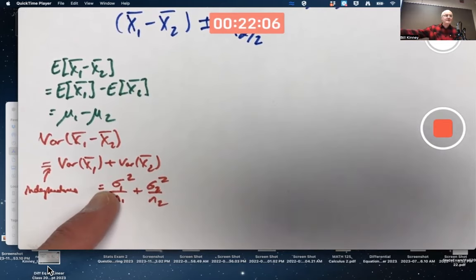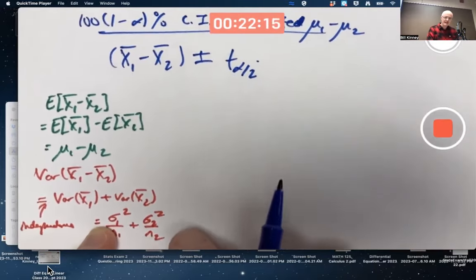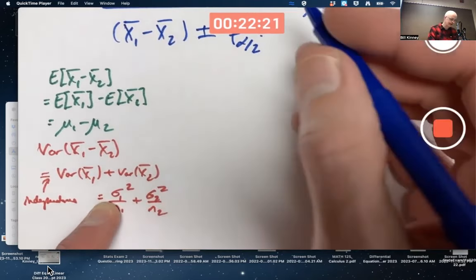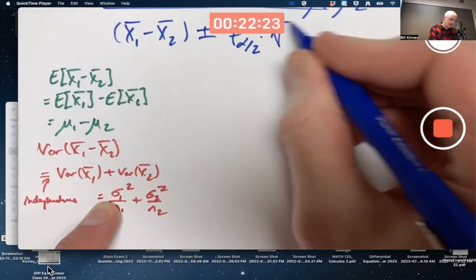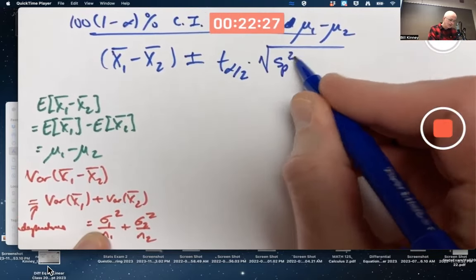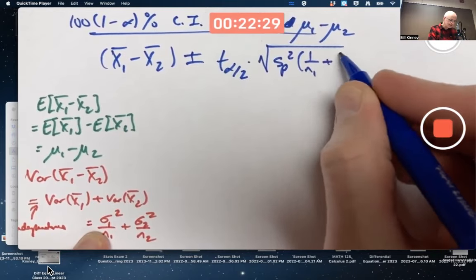And I already did the test for whether sigma 1 squared equals sigma 2 squared, and I did not reject the null. Let's go ahead and pool. Let's replace both sigma 1 squared and sigma 2 squared with sp squared. I haven't said what the pooled proportion is yet, but I could make that replacement. Then I could factor out the sp squared and write it like this.